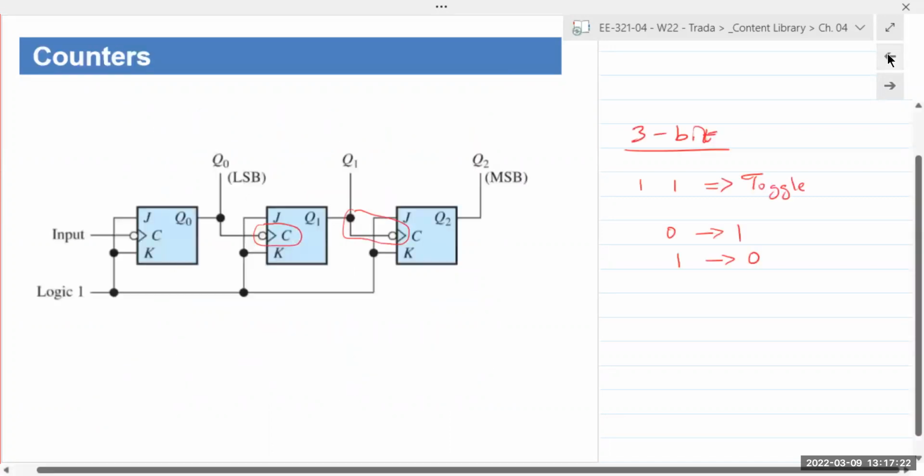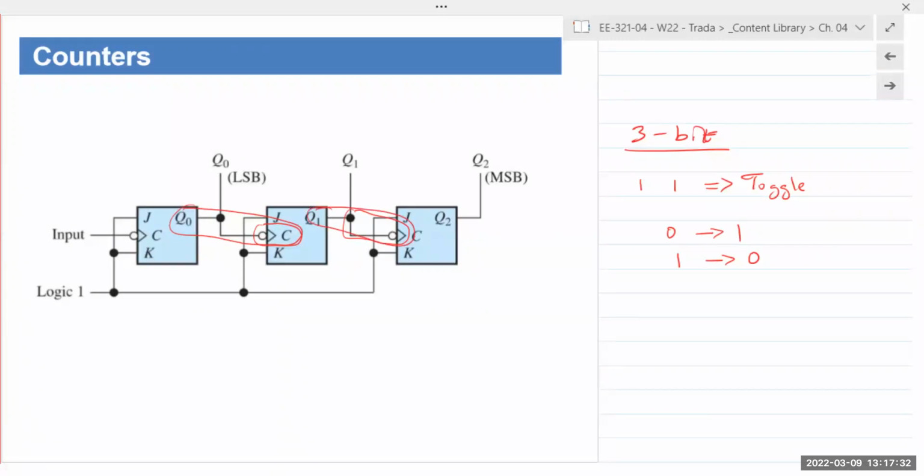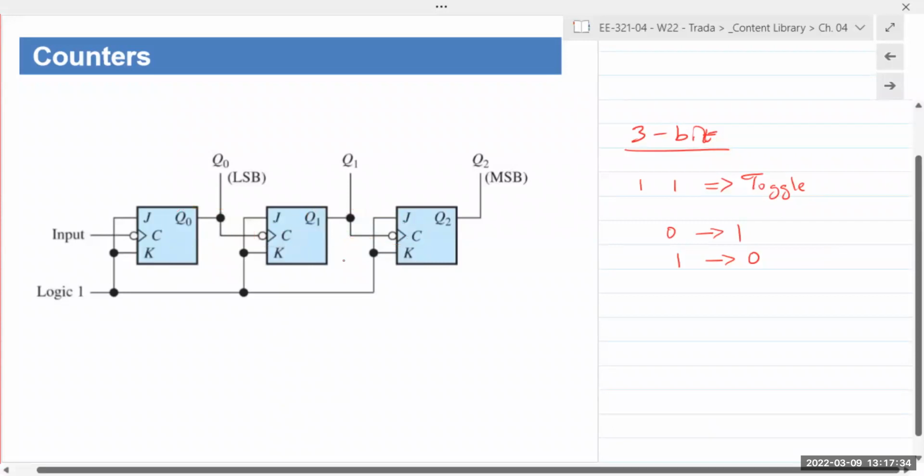So again, take a look. Output Q0 is connected to the clock of Q1. Output Q1 is connected to the clock of Q2. Yes, why is that so different from a shift register?